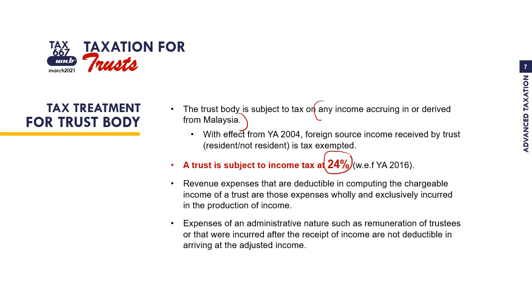Meanwhile, expenses of an administrative nature, for example the remuneration of trustees, are not deductible. The reason is that this remuneration is paid after the receipt of income. It is not incurred directly in the production of business income. Therefore, remuneration of trustees and administrative expenses are not deductible.